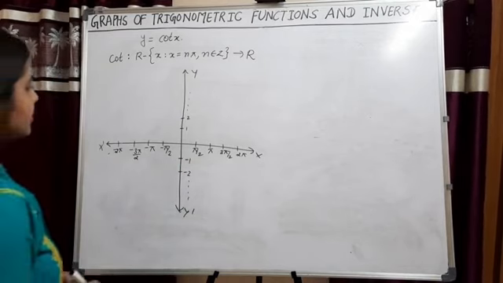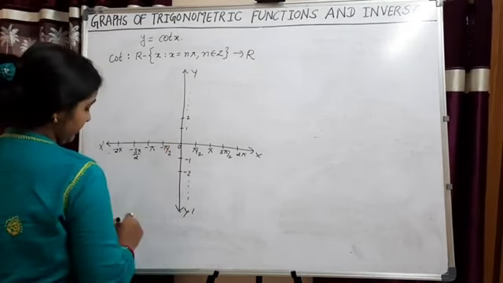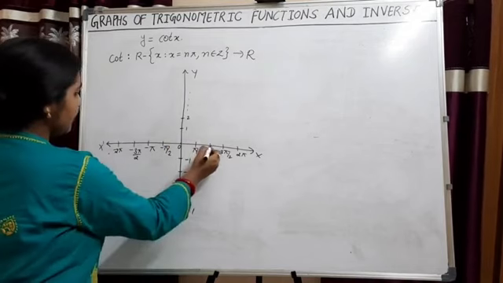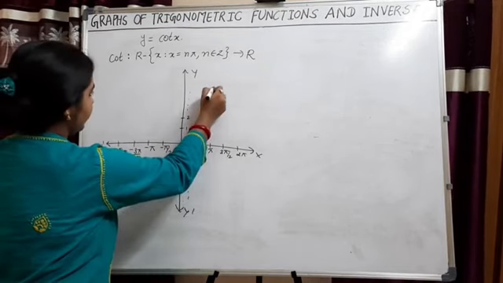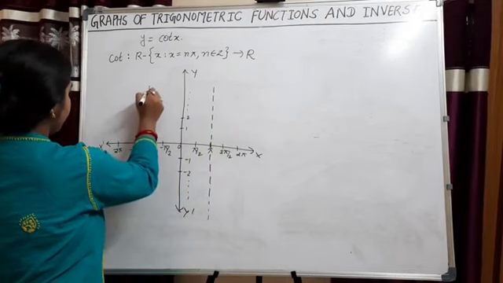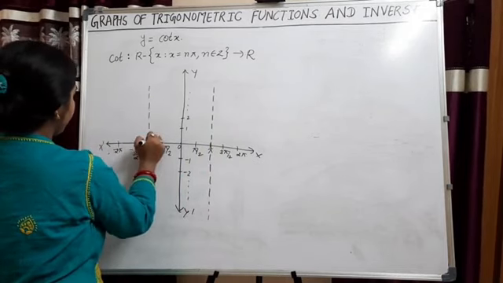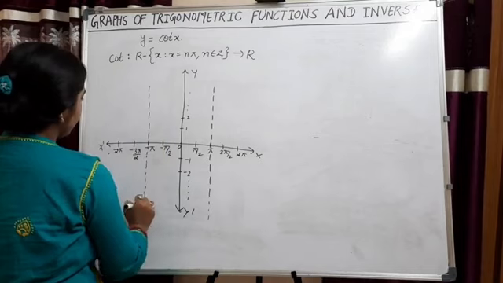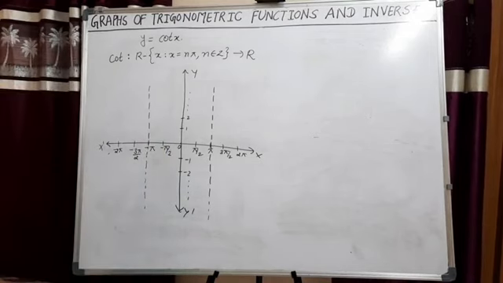Now cot 0, we know, is infinity. Cot pi is also infinity. So we have to take a line which is parallel to the y axis. Here also we have to take one parallel line, because at pi and minus pi we are also getting infinity.